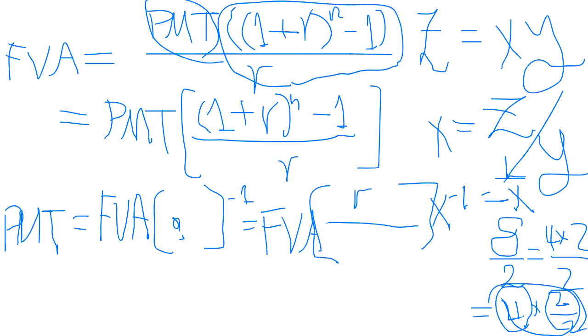It's going to be R over 1 plus R raised to n minus 1. Okay. All right. So this is how you can solve for payment, right?